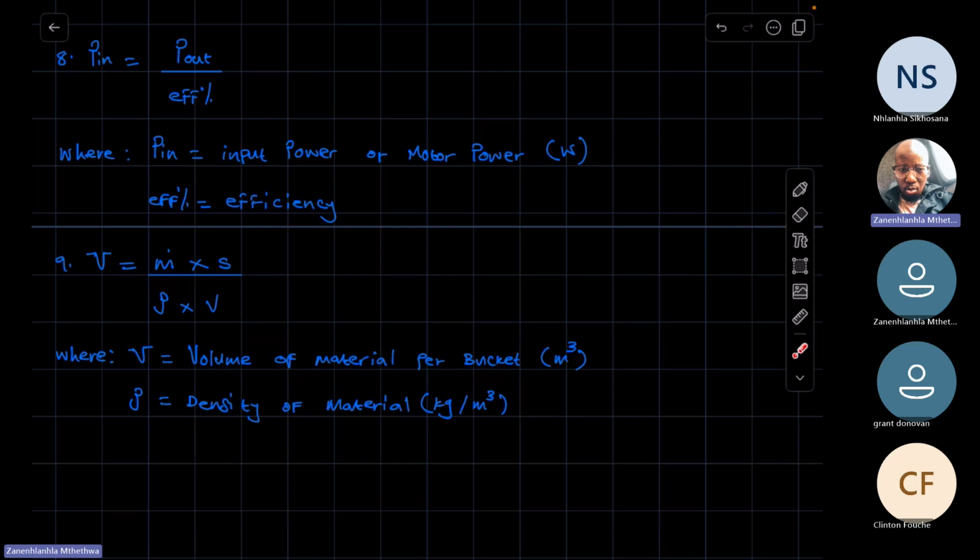Bucket elevators are very straightforward. If you know the formulas, it's simply a matter of applying them. So don't be thrown off by a question having a lot of marks but only requiring small steps to get to what you're looking for. That's exactly how it is with bucket elevators.